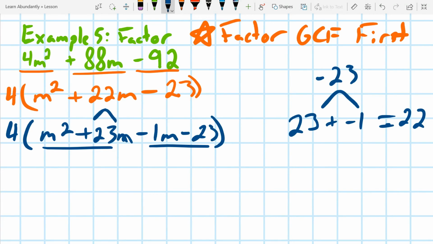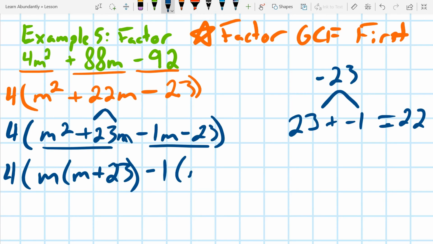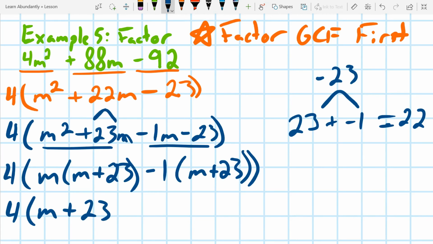So out of the first two, we can just take out an m. And out of the second two, we can take out a negative 1. And that would leave us with m plus 23 in both of them. Now when I go ahead and finish writing this out, I get 4, m plus 23, and m minus 1.